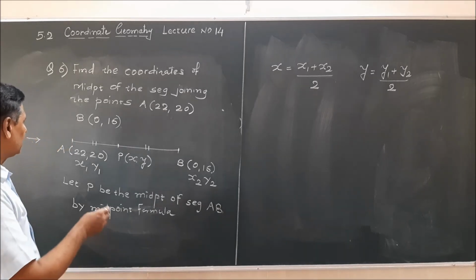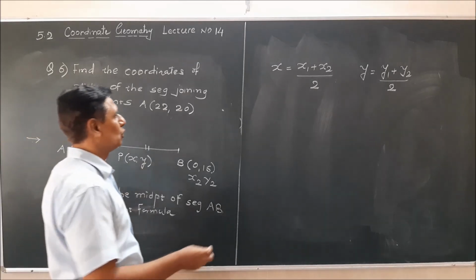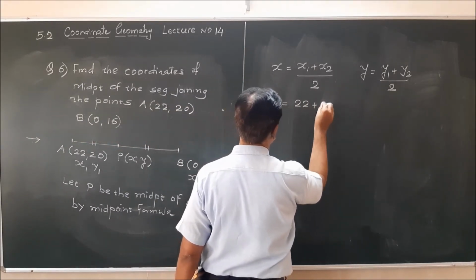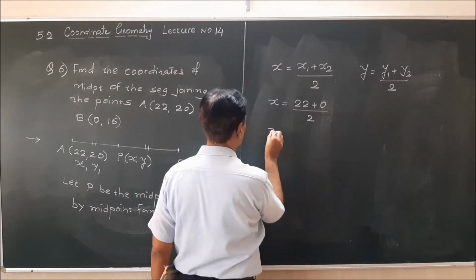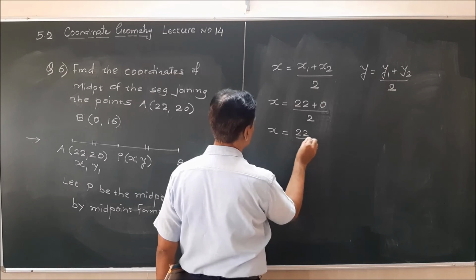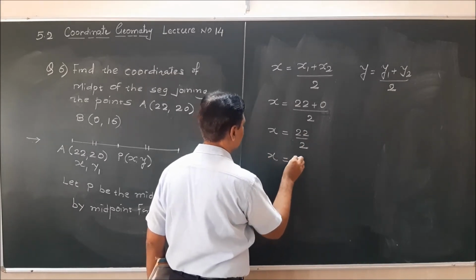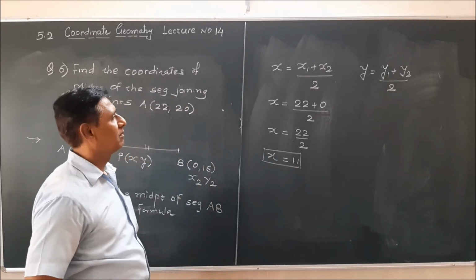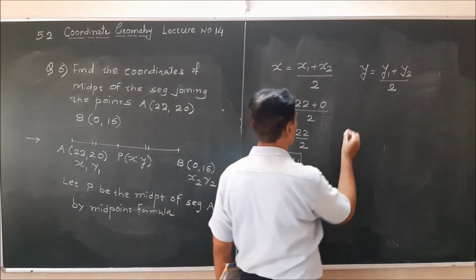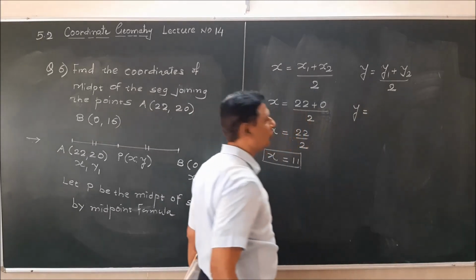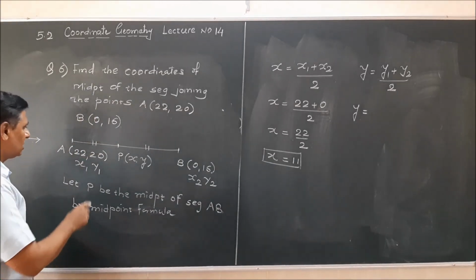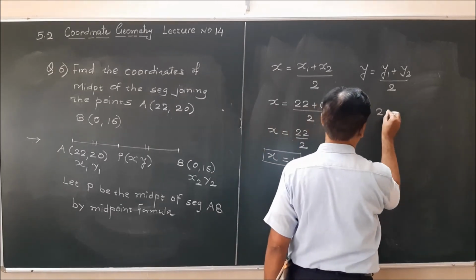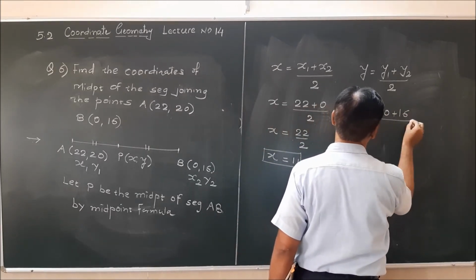Now x is equal to x1 plus x2, 22 plus 0 upon 2. So x is equal to 22 upon 2. Of course, we will get the value of x as 11. Y is equal to y1 plus y2, 20 plus 16 upon 2.